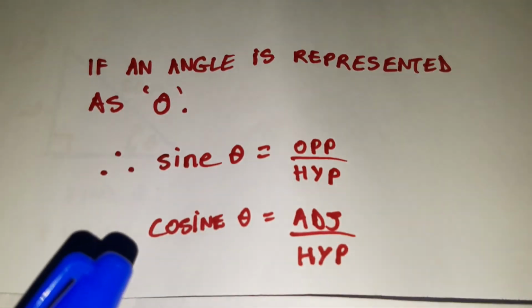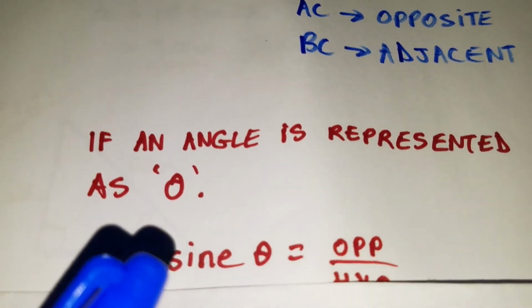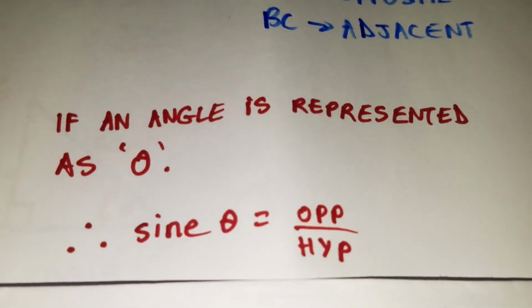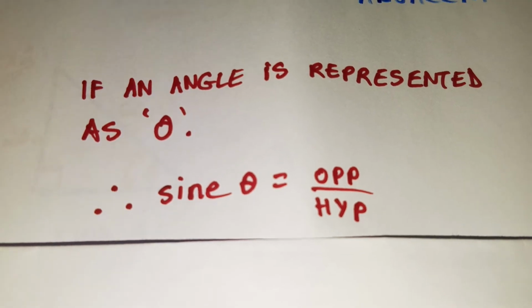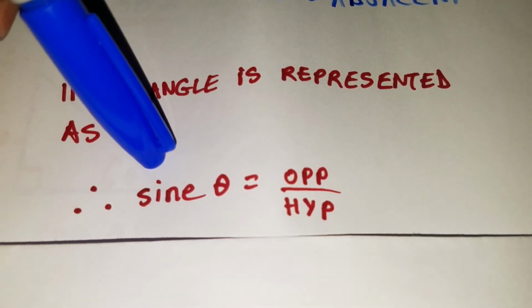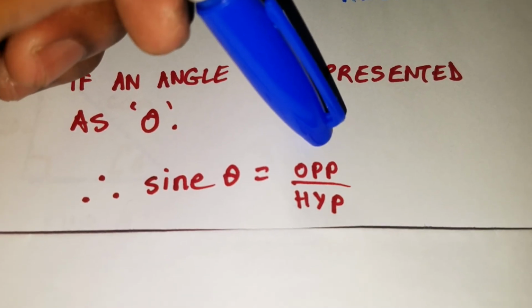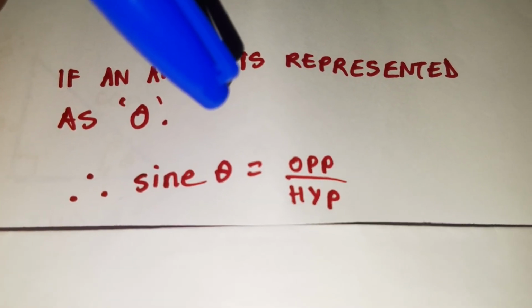Now, these are the trig ratios. If an angle is represented by theta, as we see here, the sine of that angle must be the opposite side divided by the hypotenuse.